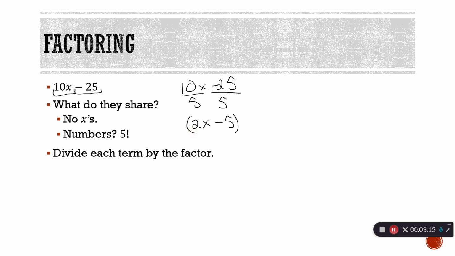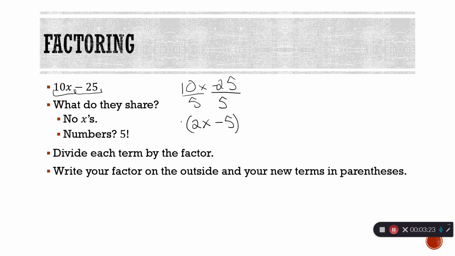We still have to show that we have it, because 10x minus 25 is completely different from 2x minus 5. What we do is we write the factor on the outside and put your new one in parentheses. Now, doesn't this right here look exactly like you could distribute this back in? So that's what it should look like.